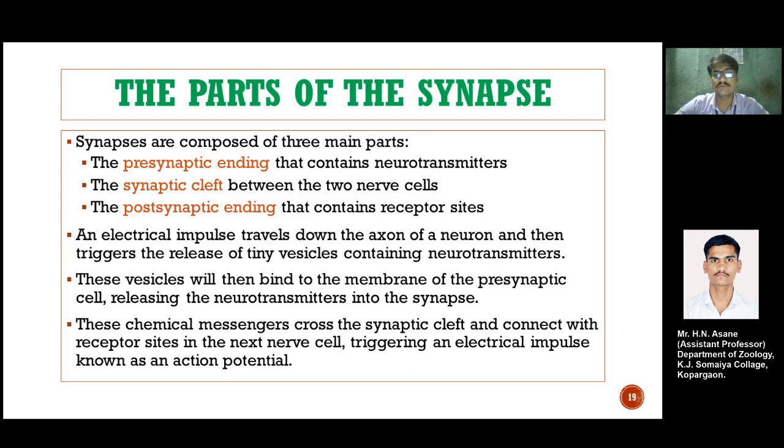That automatically triggers an electric impulse known as the action potential. The action potential means the fluctuation in the electric current. At the plasma membrane, the minus 70 millivolts is changed to plus 72 millivolts.